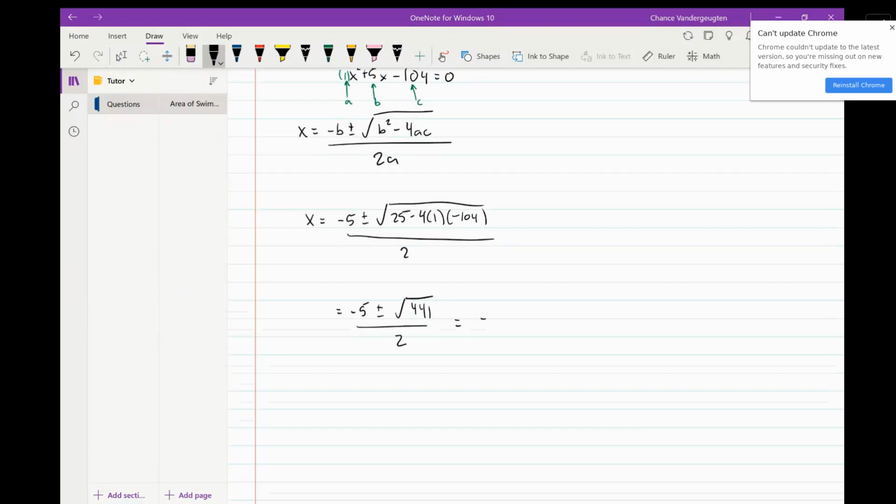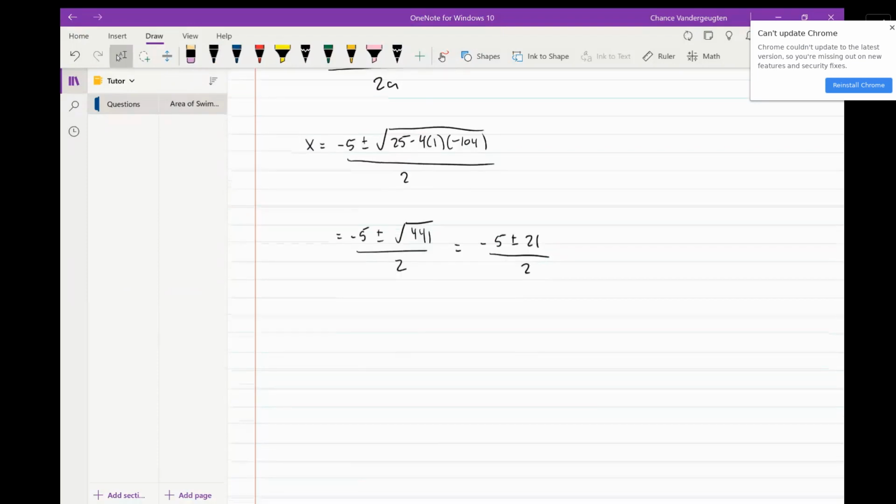And so we get negative 5 plus or minus 21. The square root of 441 is 21 over 2. So what this expression right here means is that we got two answers for x. We got negative 5 plus 21 over 2, and we got negative 5 minus 21 over 2.